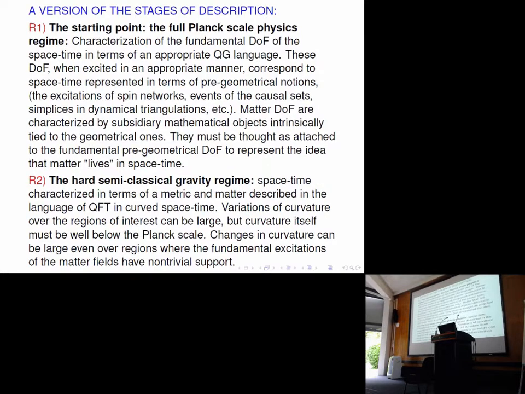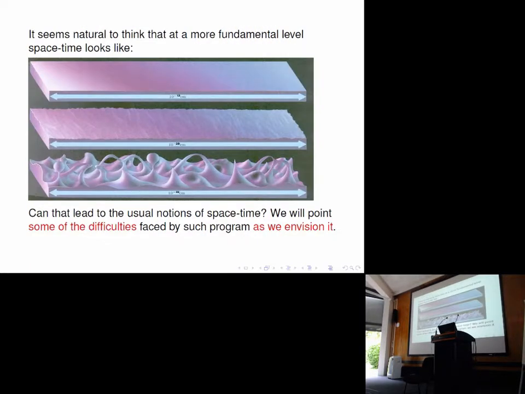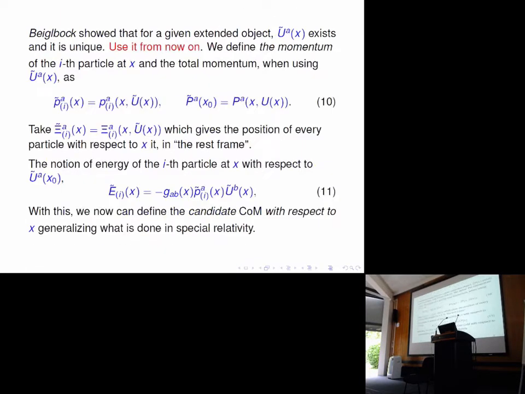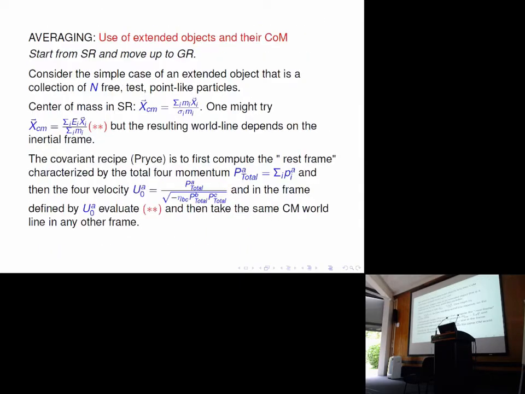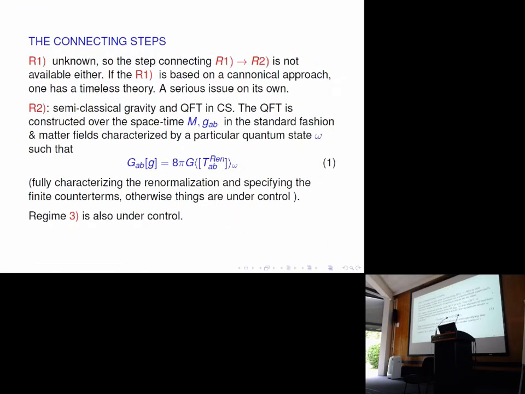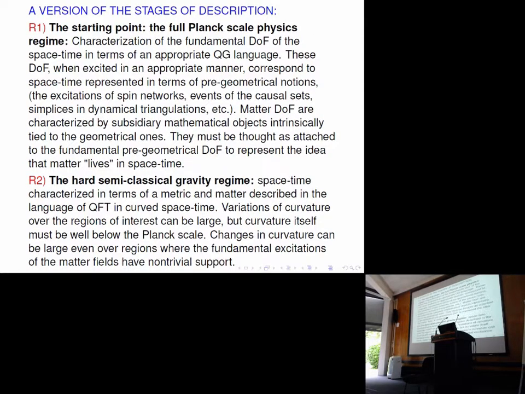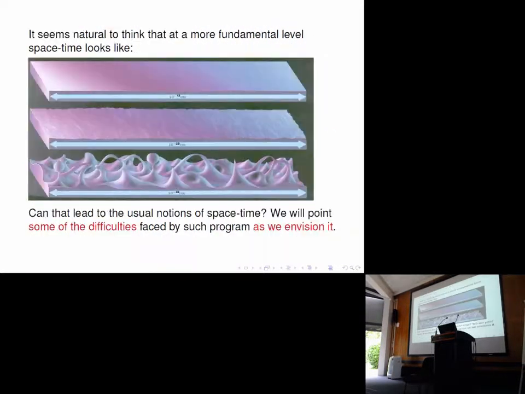Sorry, I skipped it. Then from such a regime, we would hopefully be able to go to the next regime, which we call the hard semi-classical regime, in which we already have some notions of space-time.